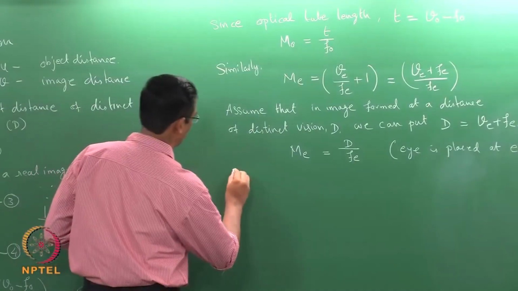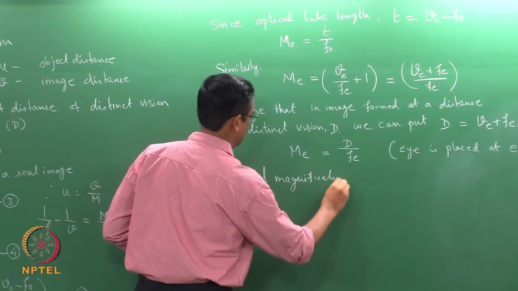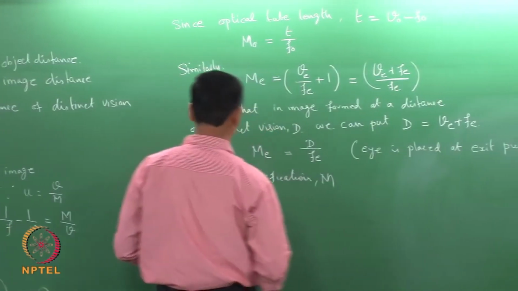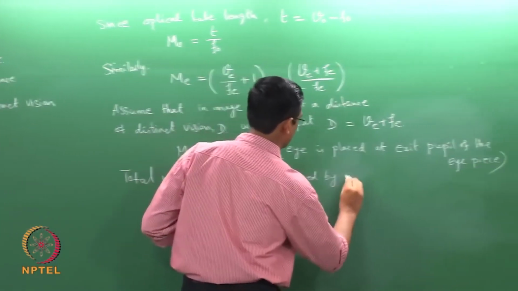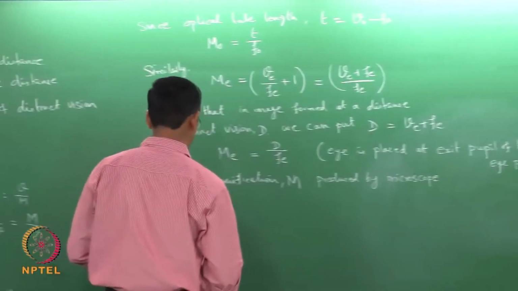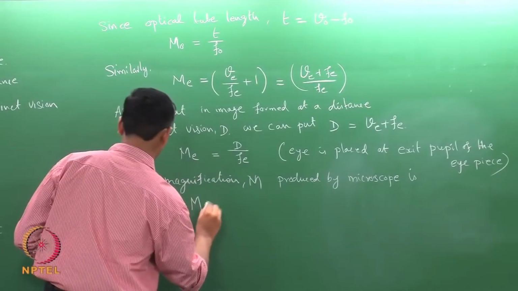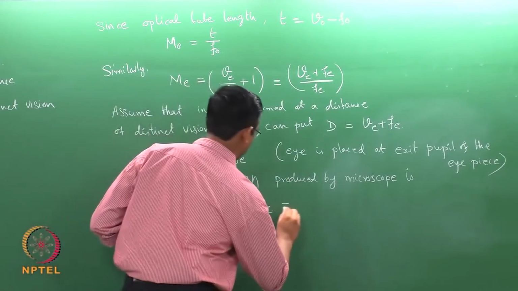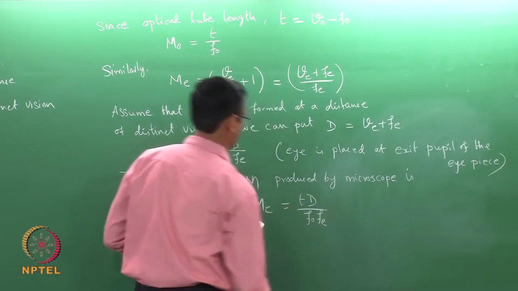So, now we can write the total magnification for a compound lens microscope, that is T D by f_o f_E.